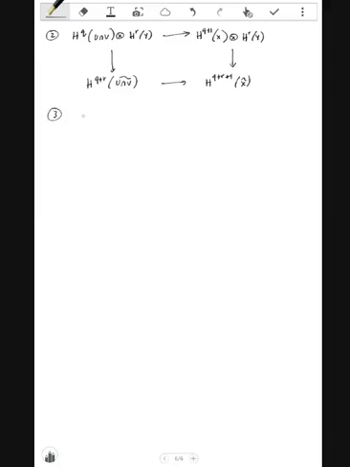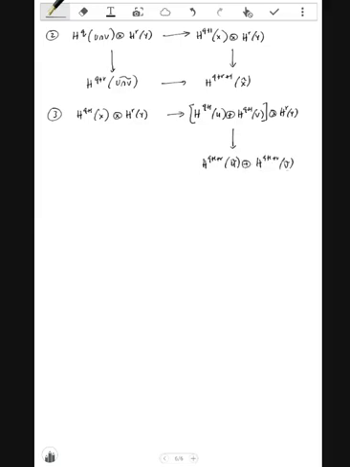And the third square is H^{q+1}(X) tensor H^r(Y) to H^{q+1}(U) direct sum H^{q+1}(V) tensor H^r(Y), and this maps to H^{q+1+r}(U tilde) direct sum H^{q+1+r}(V tilde), and this maps to H^{q+r+1}(X tilde).